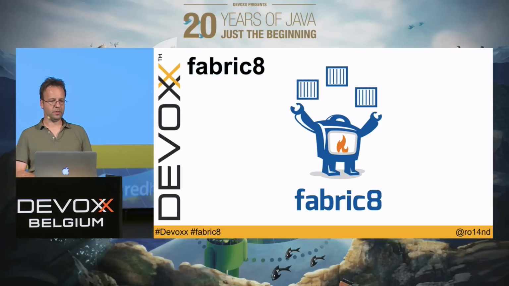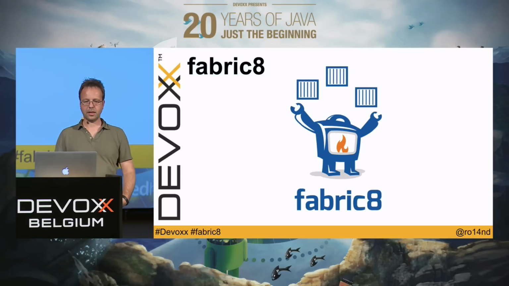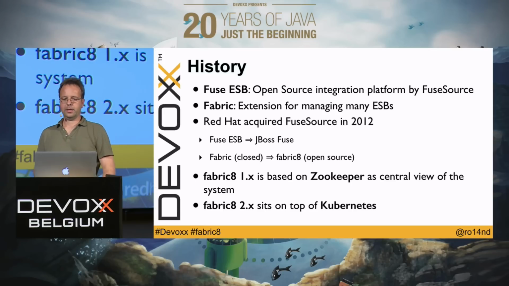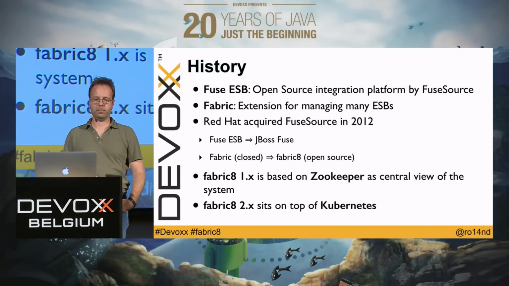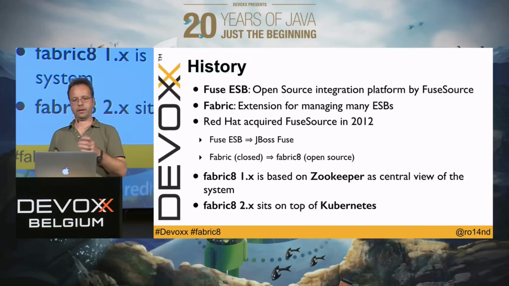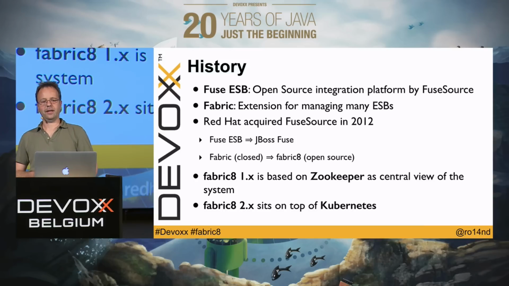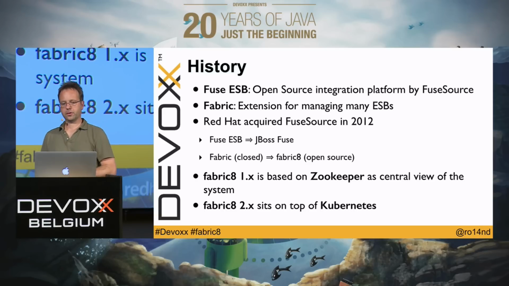What is now Fabric8? Fabric8 itself has also a history. It started all with Fuse ESB, which is more or less a Camel with something on top of it. This was an open source integration platform by a company called FuseSource. FuseSource had also a commercial product called Fabric. This was an extension to manage many ESBs.